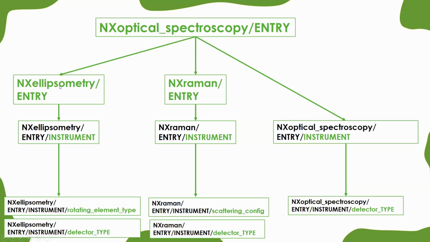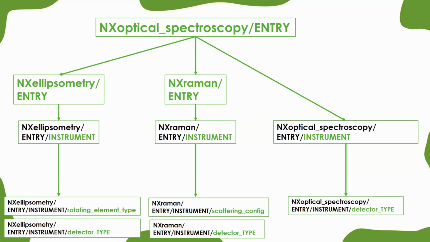In the same way, ellipsometry is a specialization of optical spectroscopy and has some elements, for example, rotating element type, which are only required for the ellipsometry definition. And so we have these three types: the generic optical spectroscopy definition, ellipsometry, and Raman spectroscopy.